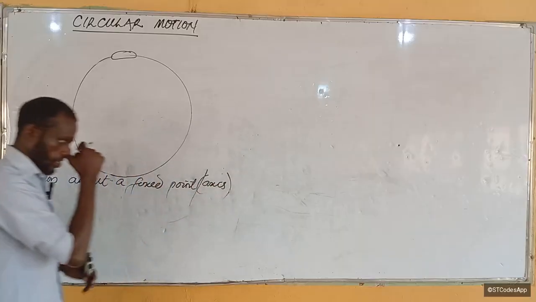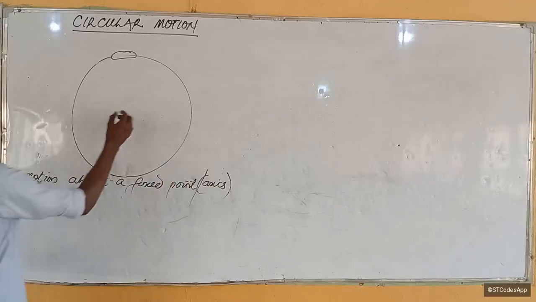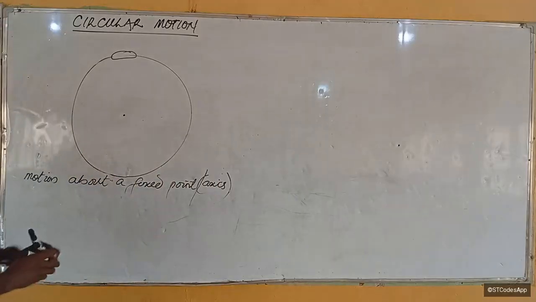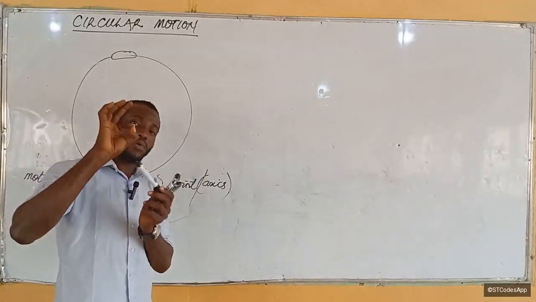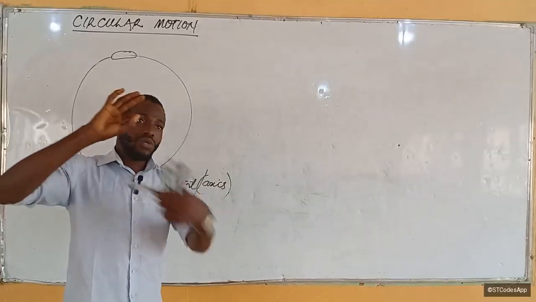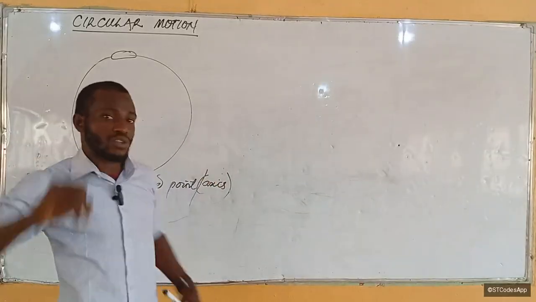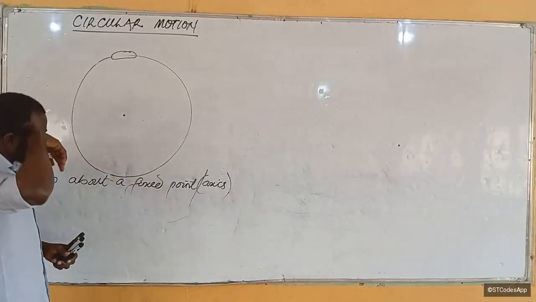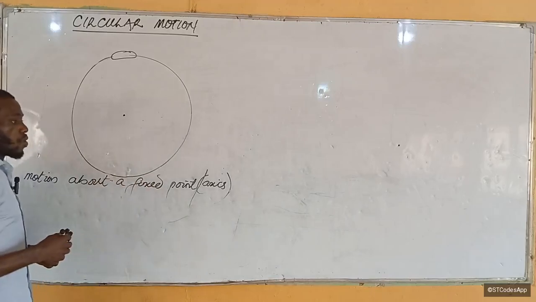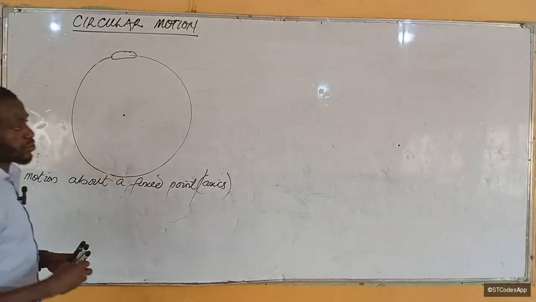We call that fixed point the axis, so that fixed point will be a point at the center. For the case of what I was swirling, my hand will mark the axis of rotation of the object. So motion about a fixed point or axis, that is circular motion.